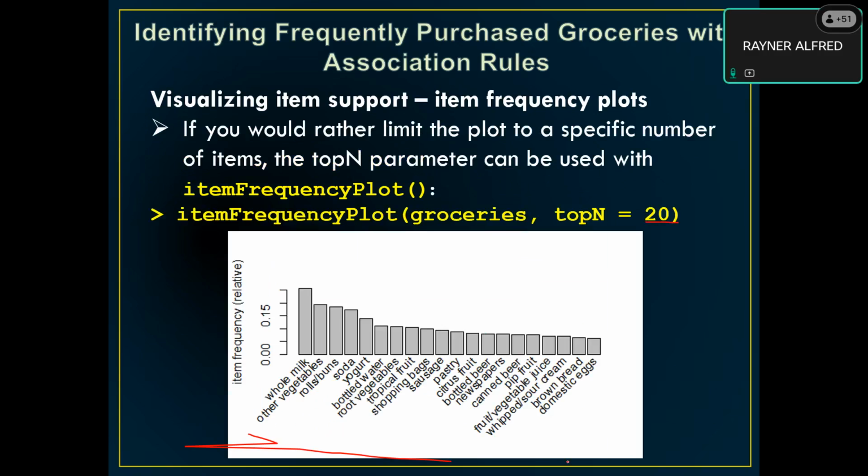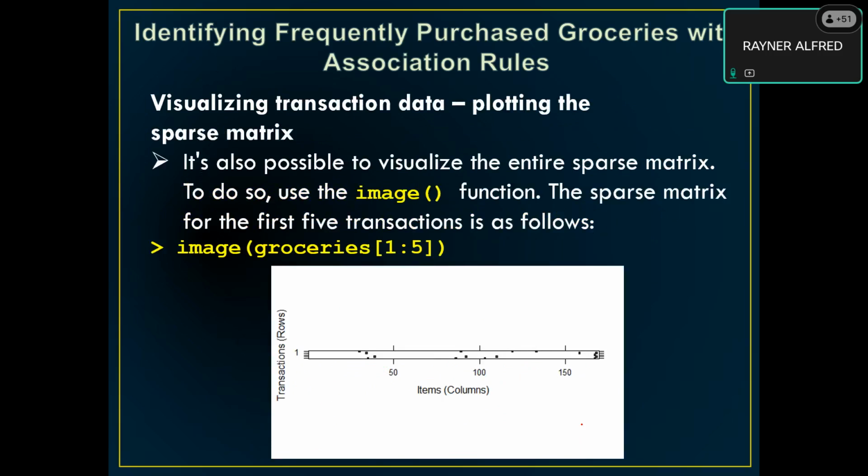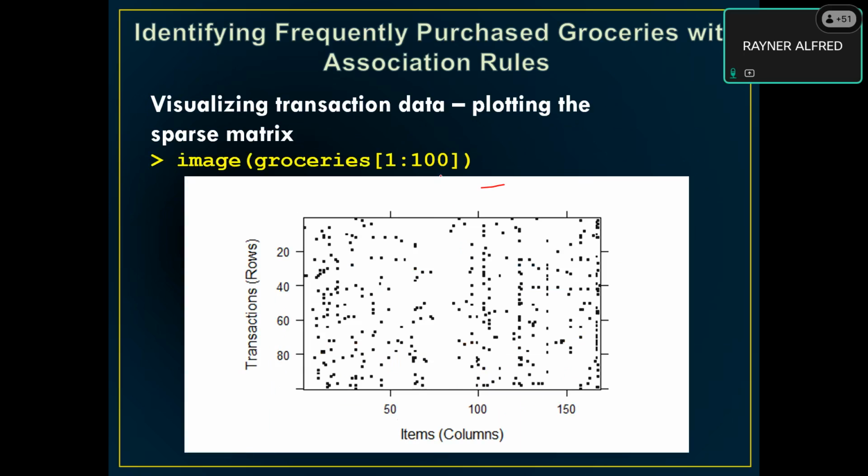This will give you all the lists. We also have this image. This image is basically looking at the area where you can see what the common items bought in the transactions are. Here this is the row, and this one refers to the items that we have. If we enlarge this one, it becomes 100.